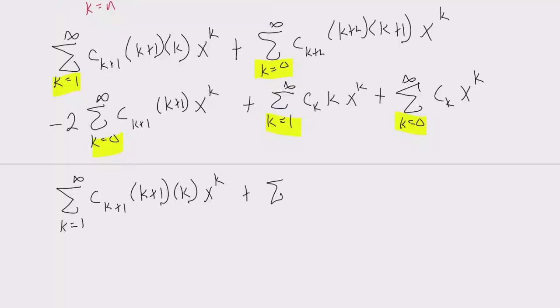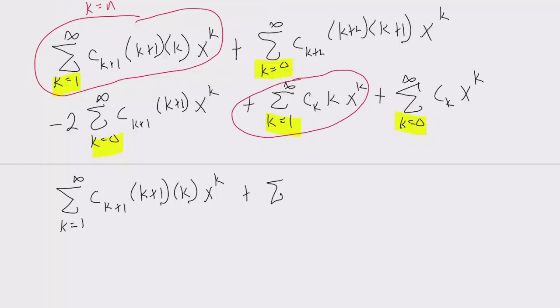So I'll highlight which ones I'm copying. This one I'm copying, and then this one I'm going to copy as is. Okay, so the other 3 summations, I want to expand them out and then convert those all into k equals 1s.